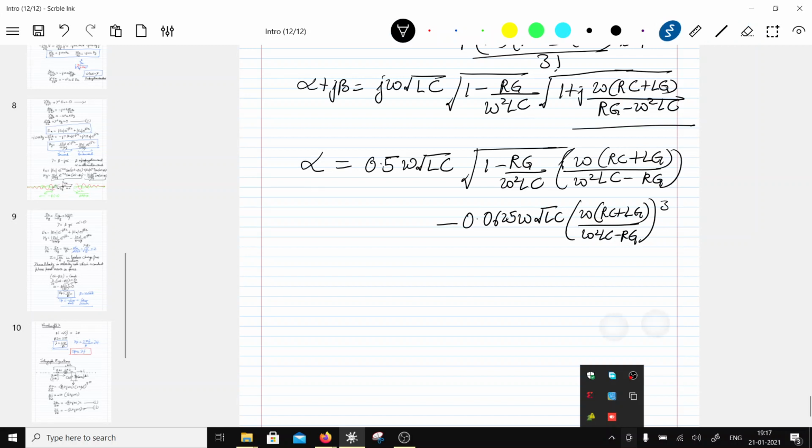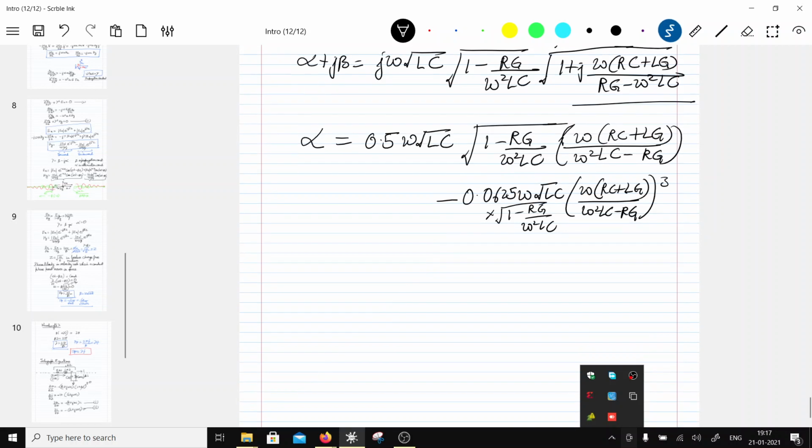So I should put another term here which I forgot, 1 minus rg over omega square LC. Let me write this clearly.